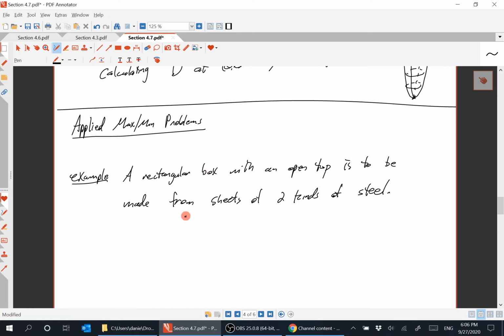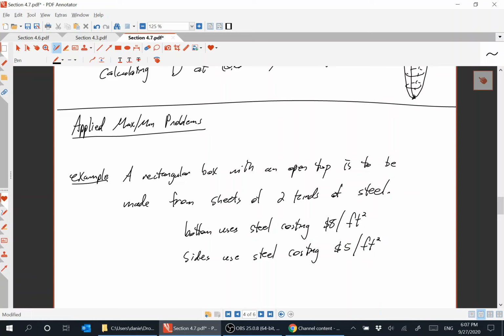Okay, the bottom uses steel costing $8 a square foot. And the sides use steel costing like $5 a square foot. And so using slightly thicker steel on the bottom or something like that. Find the dimensions of the box that will minimize the material costs.